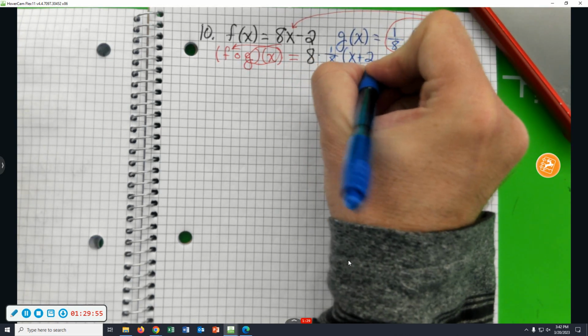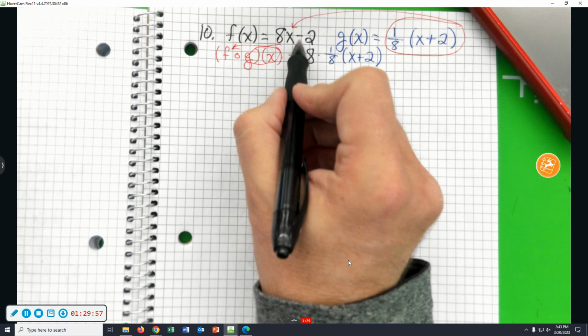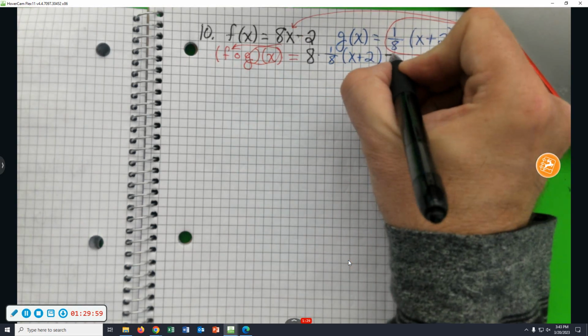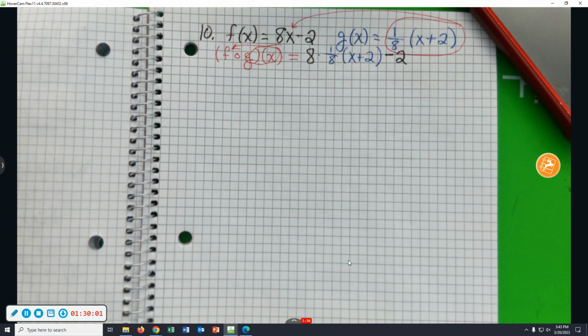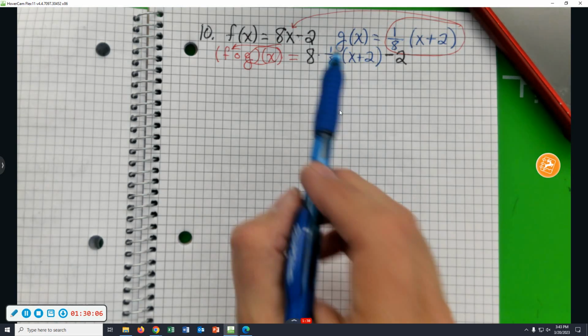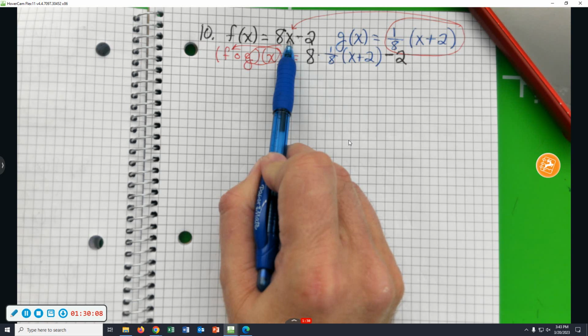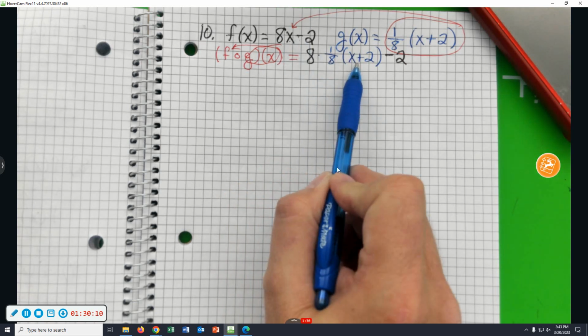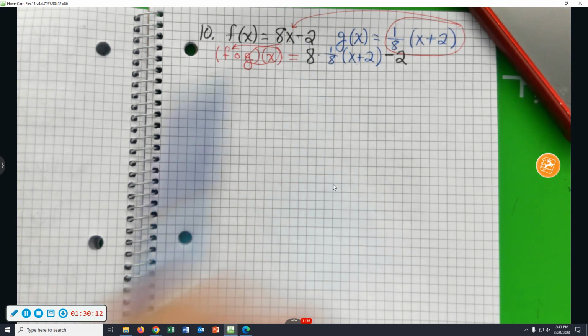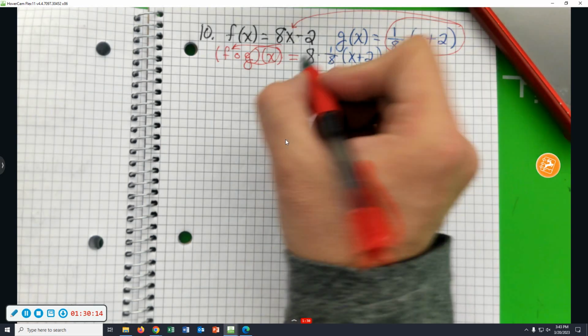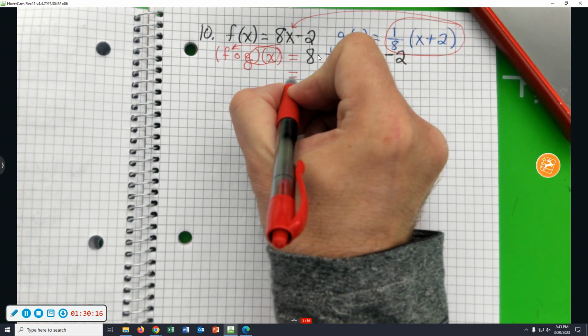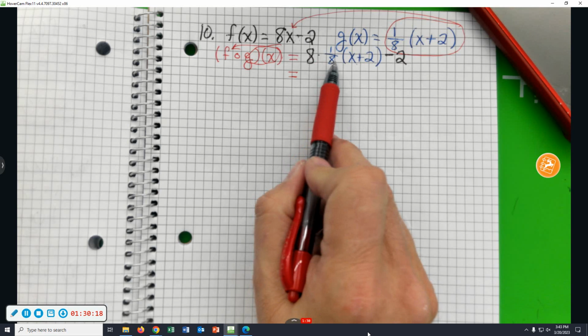I guess it's not going to be that bad, but we still have the black minus 2. Remember, you multiply from left to right. Don't let those fractions worry you, it's going to work out very nicely.